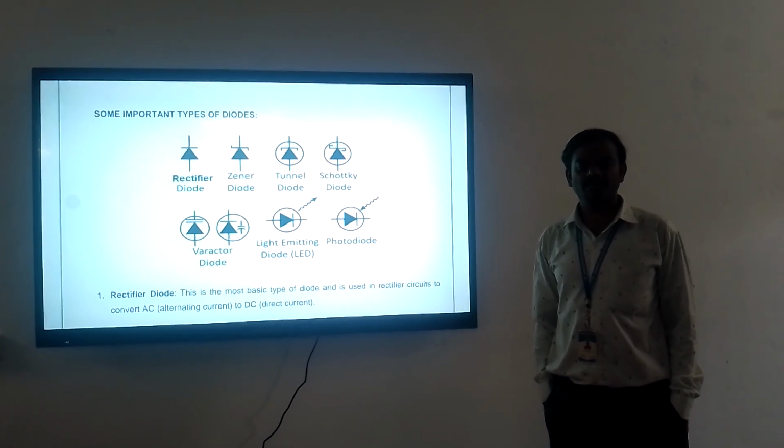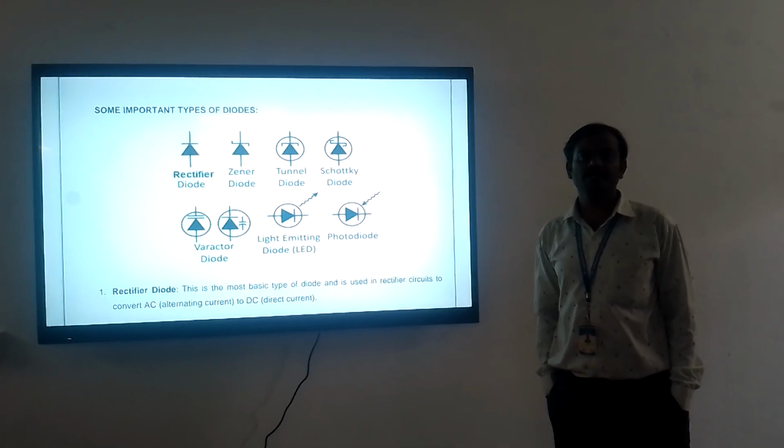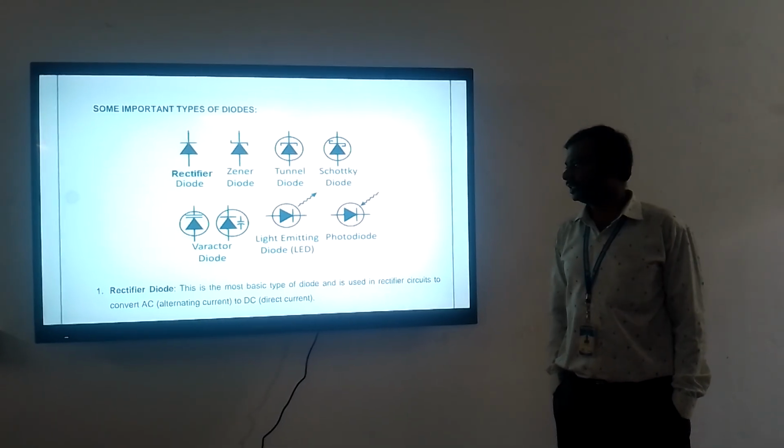In some electronic gadgets, different voltages are needed to maintain smooth functionality of the device. In those applications, varactor diodes are used.